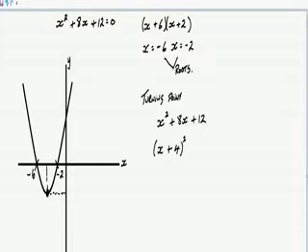Okay, now 4 squared, 4 times 4 is 16, but I want 12, so if I've got 16 but I want 12, I need to subtract 4.